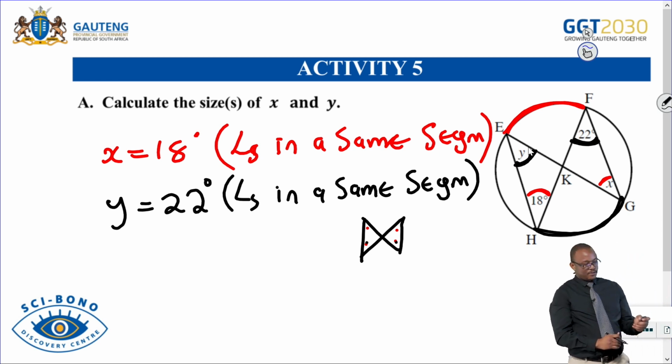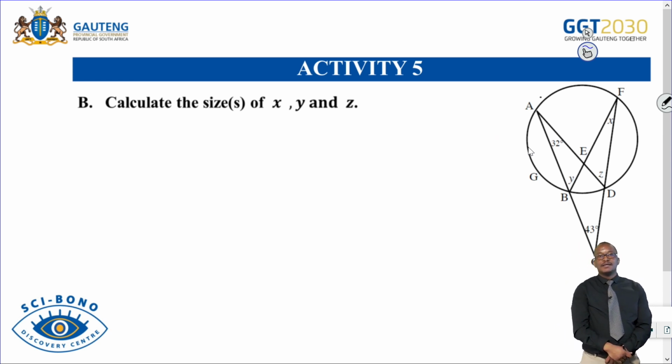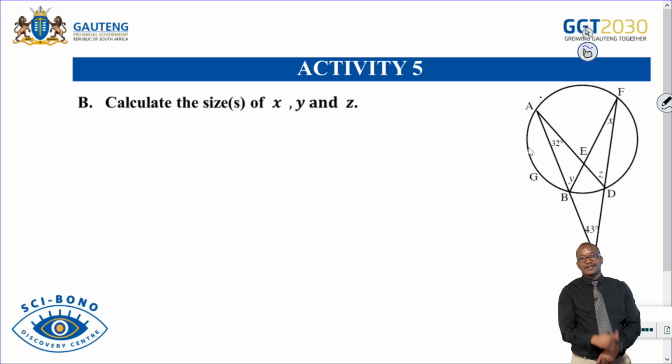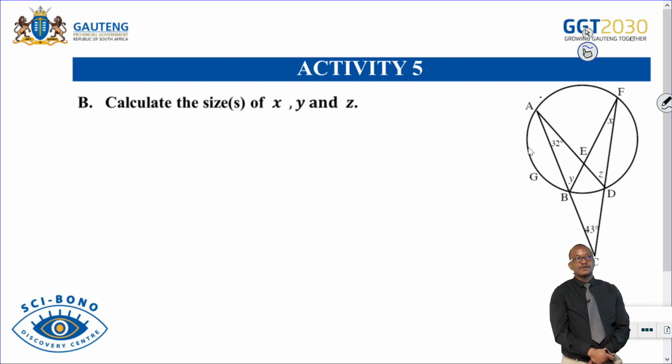So now, let's look into another activity. In this activity, you can see now the diagram looks a little bit complicated, but the same thing that we need to apply. Calculate the sizes of x, y, and z. Correct?